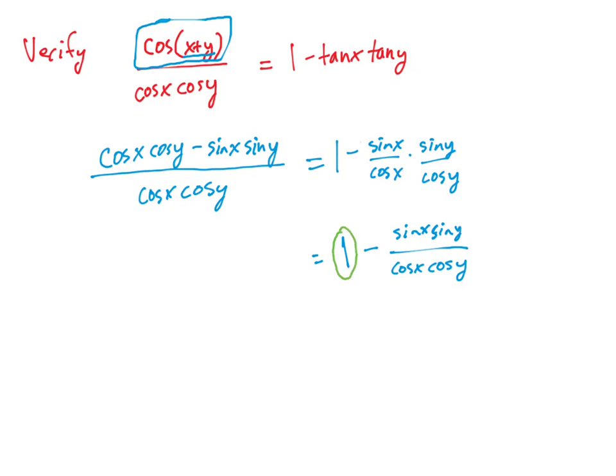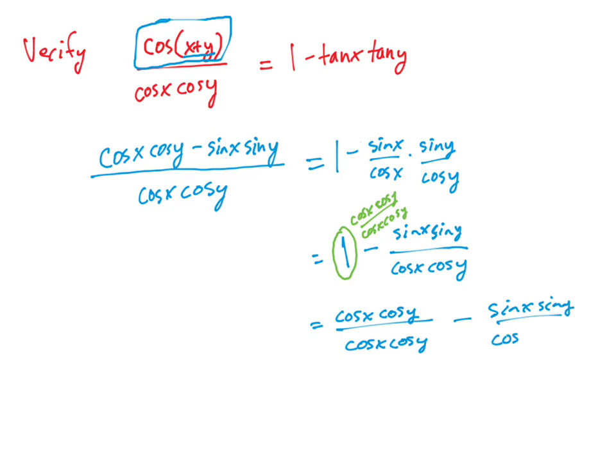So I'm going to rewrite 1 as cosine x, cosine y over cosine x, cosine y. So what we end up with is cosine of x, cosine of y, divided by cosine x, cosine y, minus sine x, sine y over cosine x, cosine y. So on the right-hand side, I'm going to write those two fractions together, or as a single fraction.